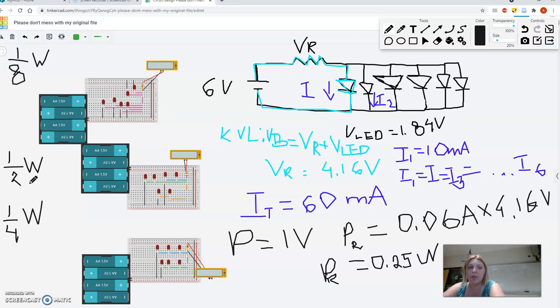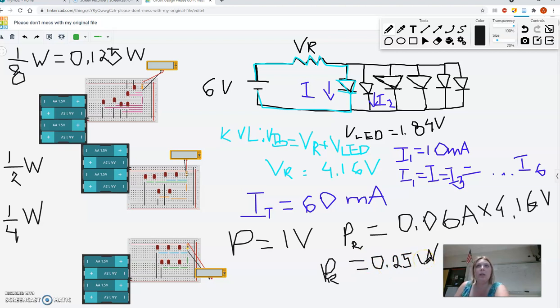I have seen projects go up in literal flames, like they actually caught on fire, because people did not check their power rating. So 1/8 of a watt is 0.125. For example, if you look at this circuit and our power dissipation rate, it's 0.25 watts.